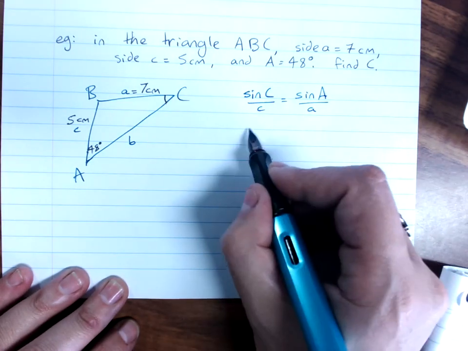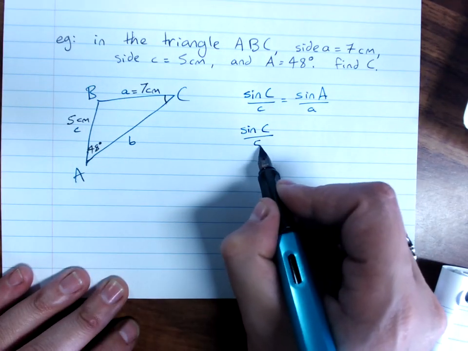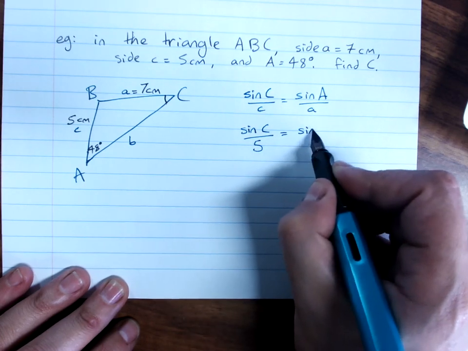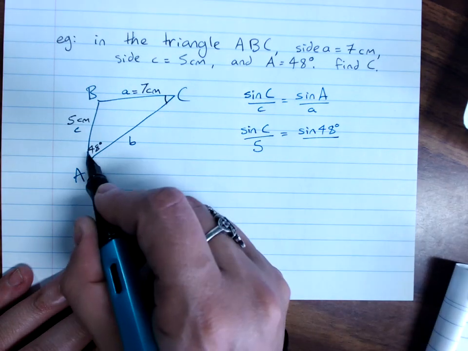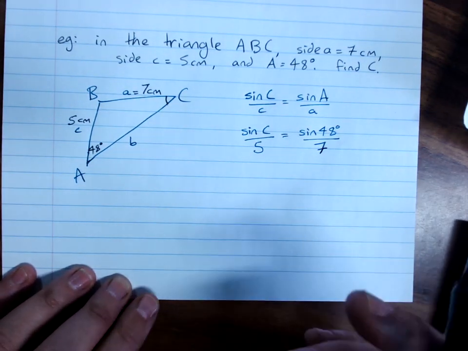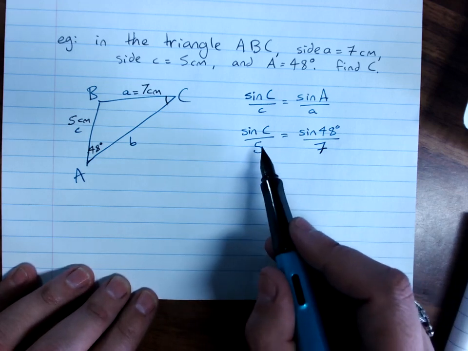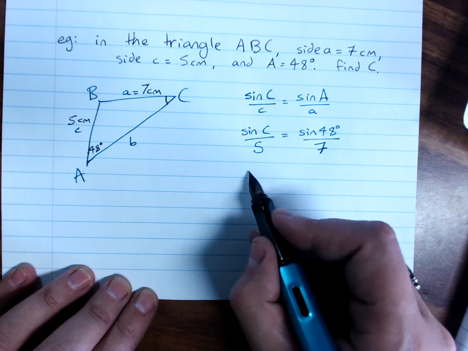Substitute your values in. Side c here is 5. Sine of 48 degrees on side a is 7. Rearrange. Now there will be 2 steps because I've got to get rid of this 5, sine C divided by 5.